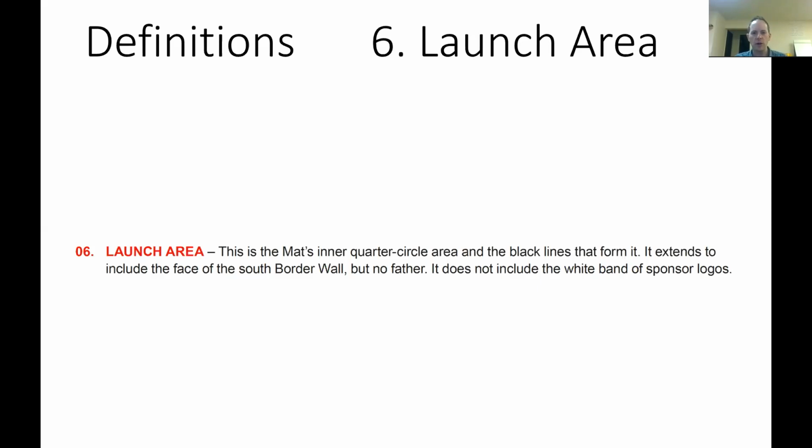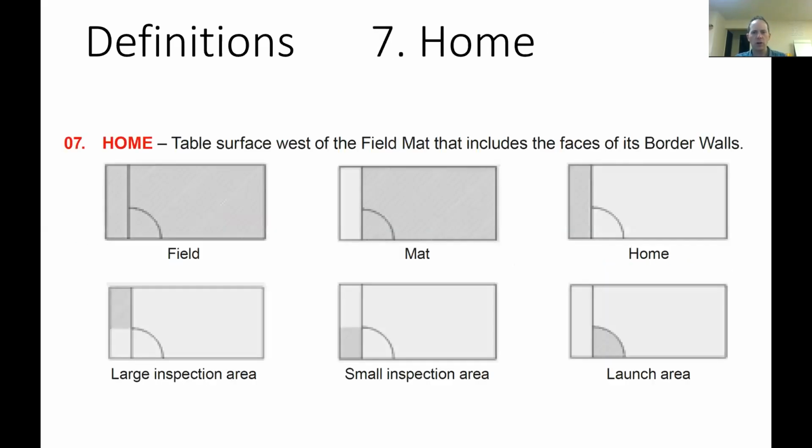And so if we look at this map of the table, and I don't know, does this let me draw? Annotate. Cool. I can draw now. So this whole thing is the field. Everything inside the inner edge of the border walls of the table is considered the field.